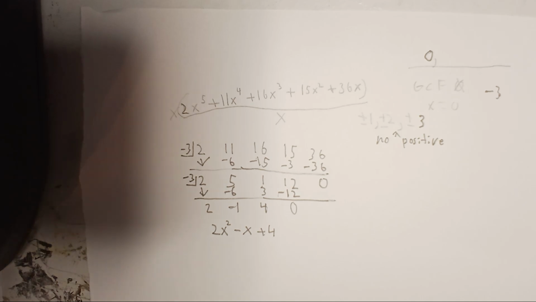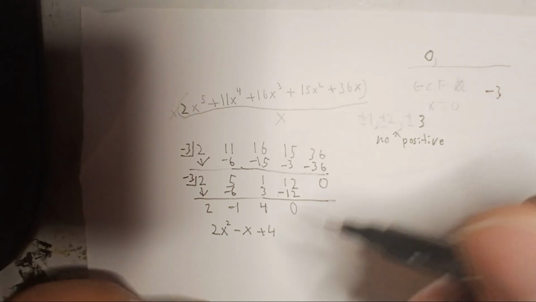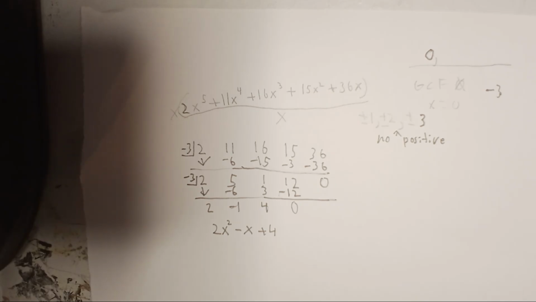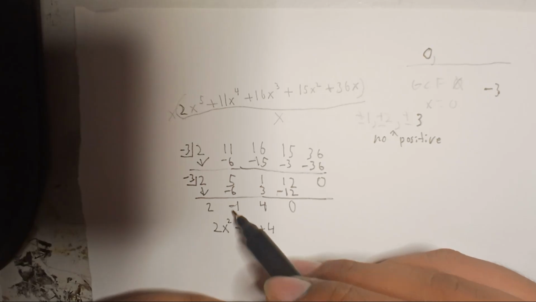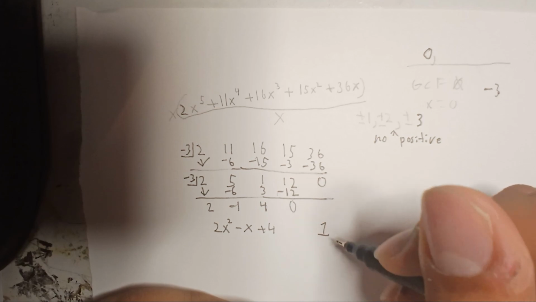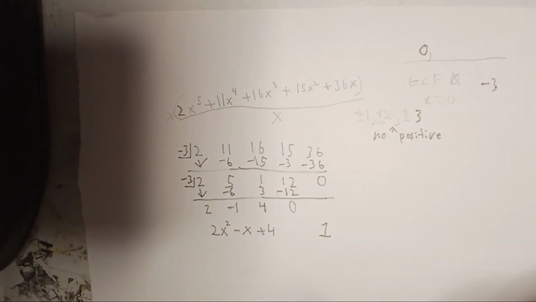So because of this, we are going to use the quadratic formula, which is negative b plus or minus the square root of b squared minus 4ac, all divided by 2a. So I'm just going to assign the values to the quadratic formula. b, as we see here, is negative 1, so we would just assign it 1, because whenever you apply it to the formula, it reverts to the opposite sign.